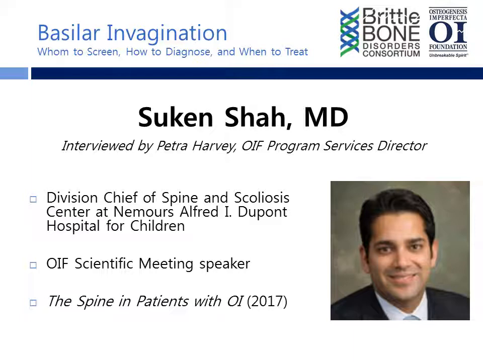Kyphosis is a forward to backward curvature of the spine, where the child can be hunched over because the bones become very fragile. The other thing that we'll speak about a little bit later is craniocervical junction problems, where the head meets the top of the cervical spine. We can get issues related to basilar invagination, or BI, and we can talk a little bit further about that.